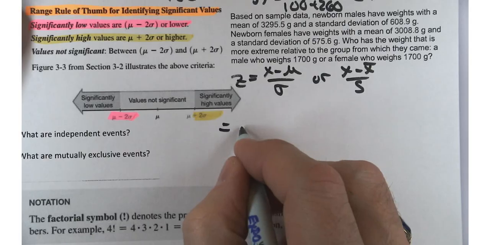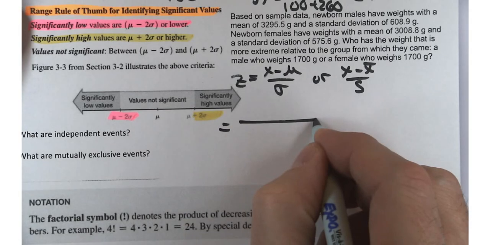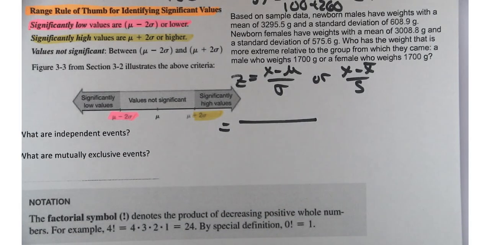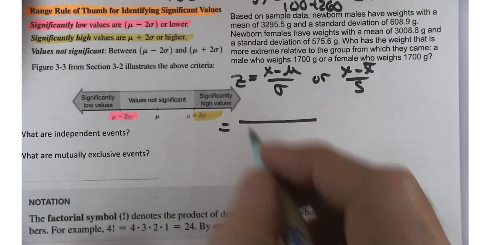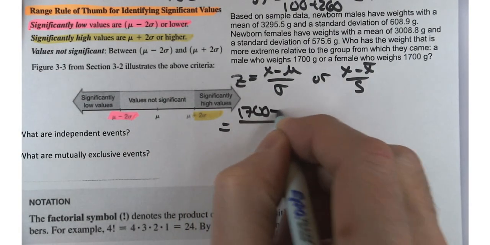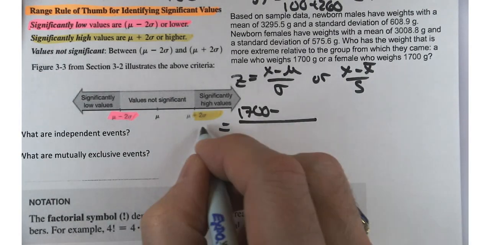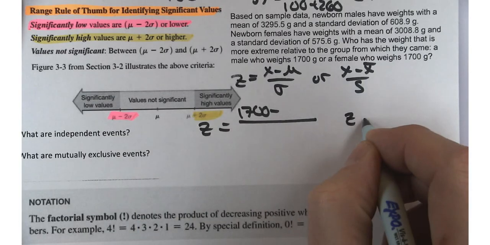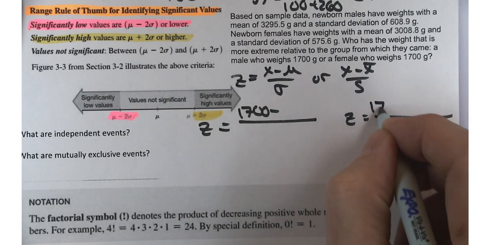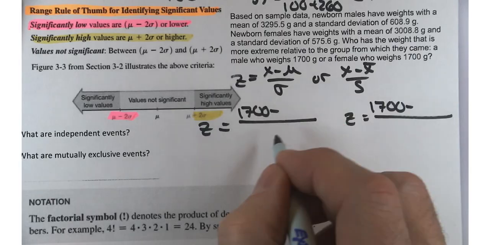So let's take a look at those calculations for each of these. In both cases, I'm going to take 1700 as the weight of the individual, so that's our data point.